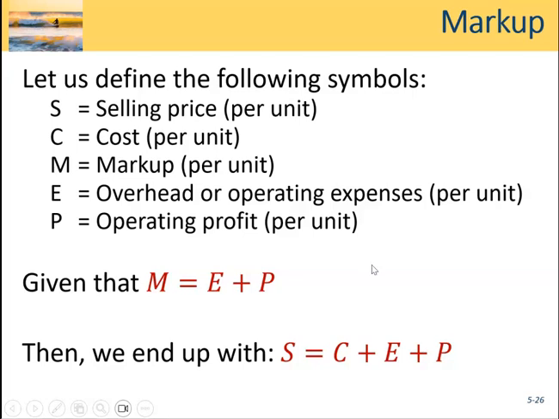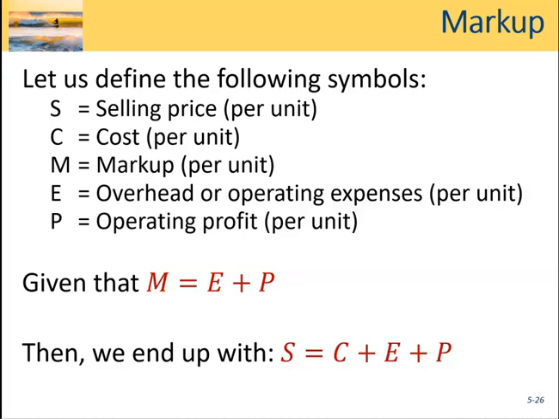So let's have a look. So we have S is our selling price, C is our cost, M is our markup, and our markup is made up of E, which is our operating expenses, and P, our profit. So our markup is equal to E, our expenses, plus our profit.